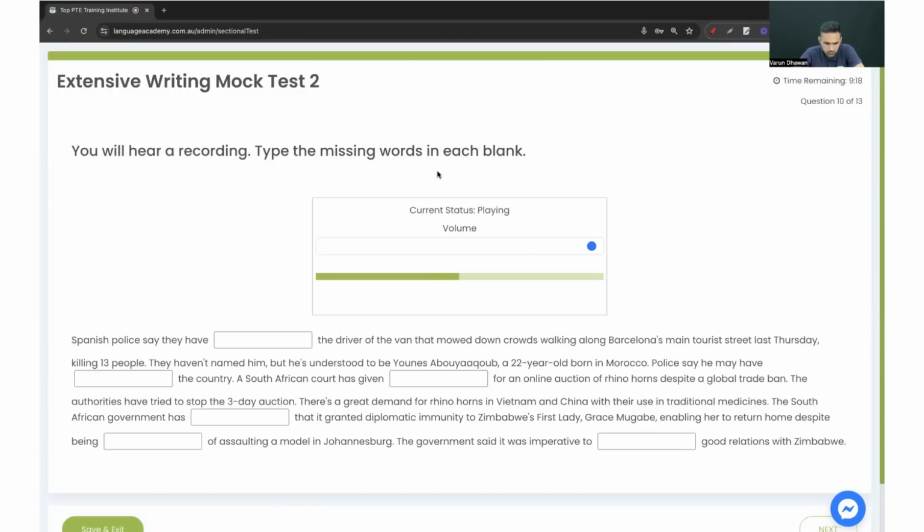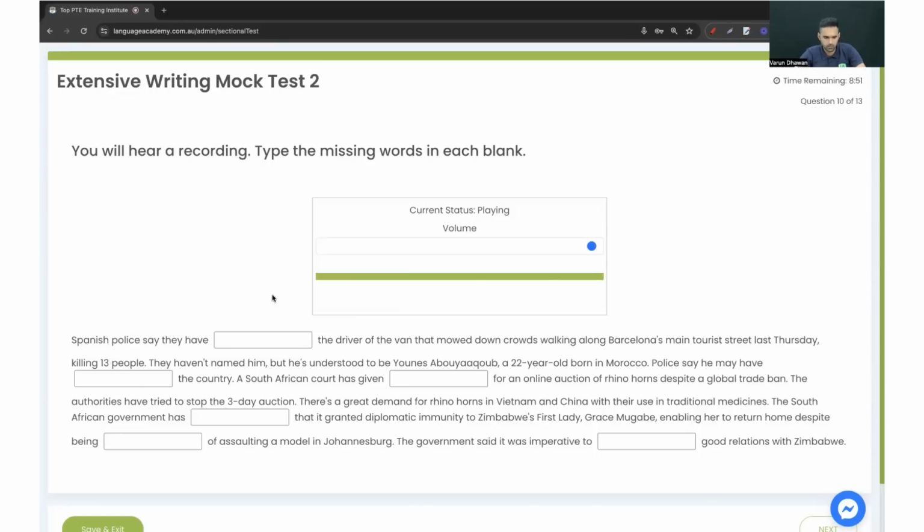The authorities had tried to stop the 3-day auction. There's a great demand for rhino horns in Vietnam and China, where they're used in traditional medicines. The South African government has confirmed that it granted diplomatic immunity to Zimbabwe's First Lady, Grace Mugabe, enabling her to return home despite being accused of assaulting a model in Johannesburg. The government said it was imperative to maintain good relations with Zimbabwe.